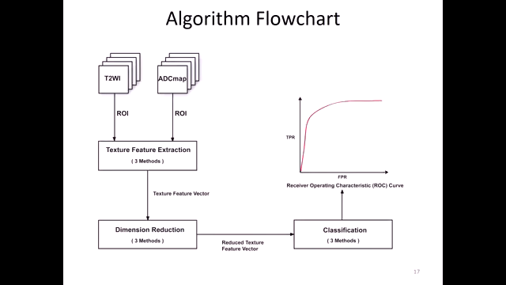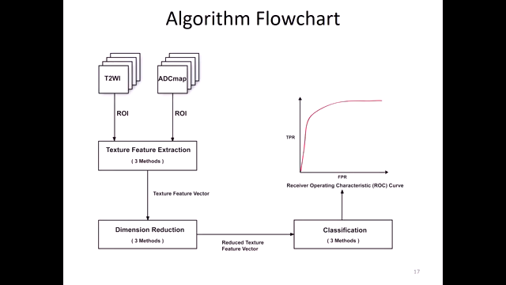Okay, so here's really the heart of the matter, the algorithm flowchart that I'm going to do. Again, starting with the T2 weighted and the ADC, we're going to use just the ROIs and do texture feature extraction from those regions of interest. And that will create an entire texture feature vector. And we'll talk about the 3 methods that we're going to use on the next slides.